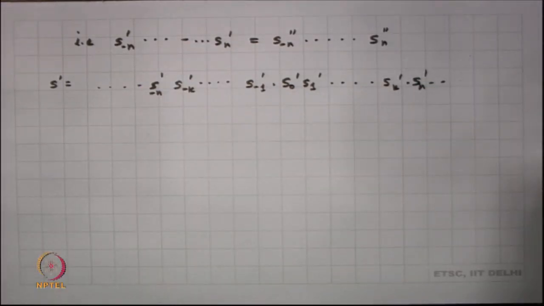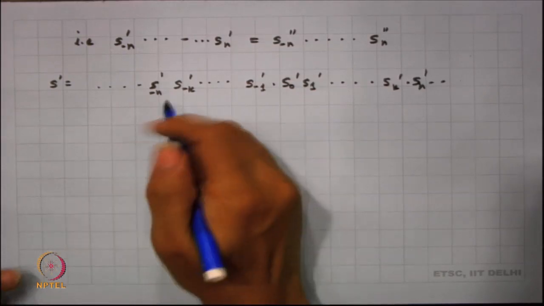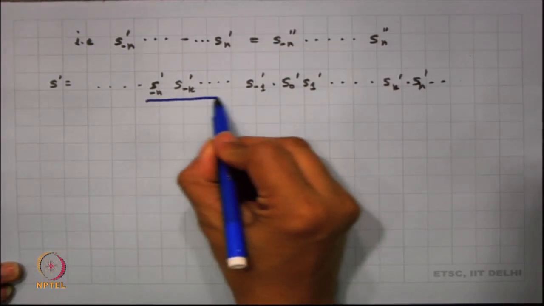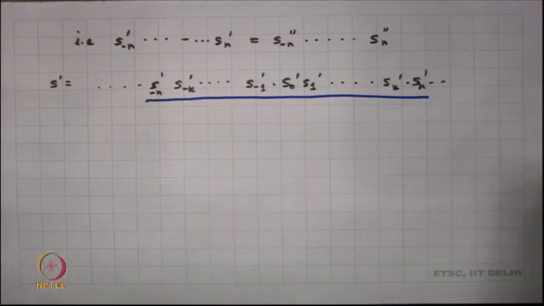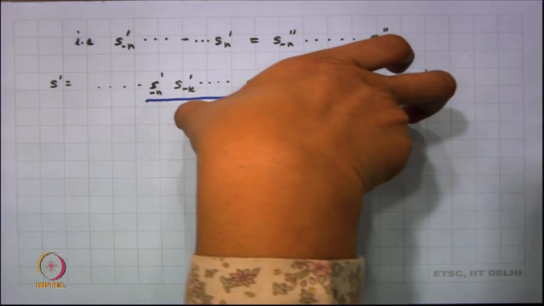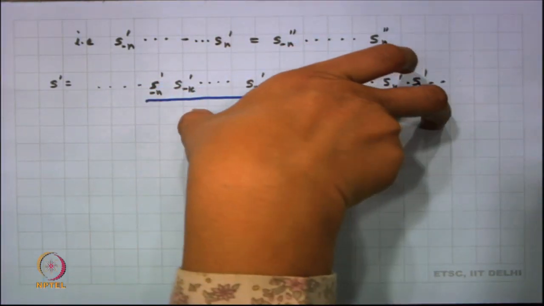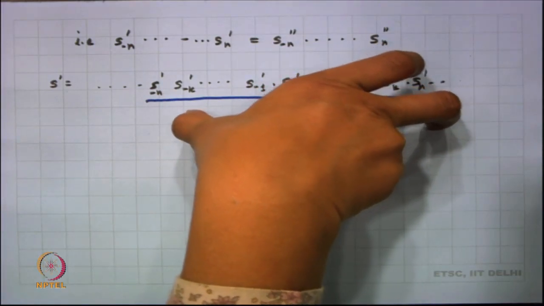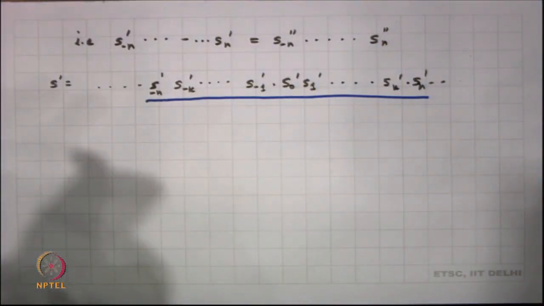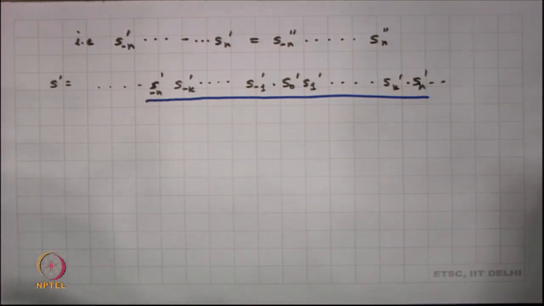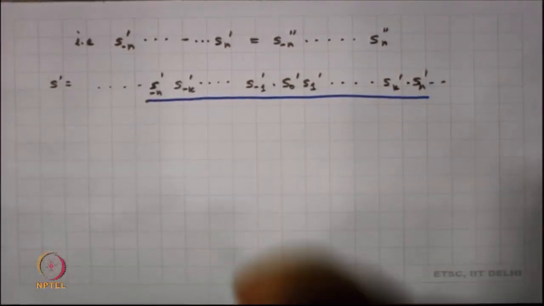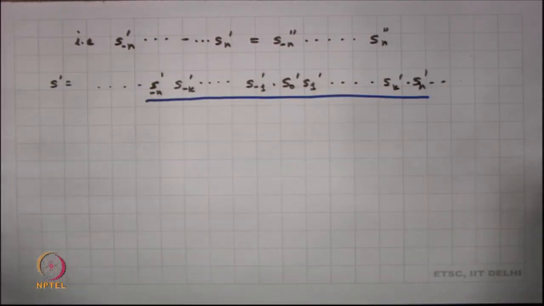All the sequences which agree with S prime on this particular block are epsilon close to S prime. Now, this is a block of length 2n plus 1, and my sequence S consists of all blocks of all possible lengths.